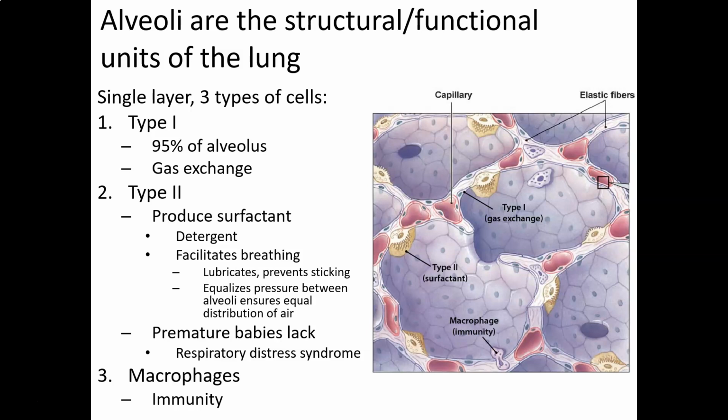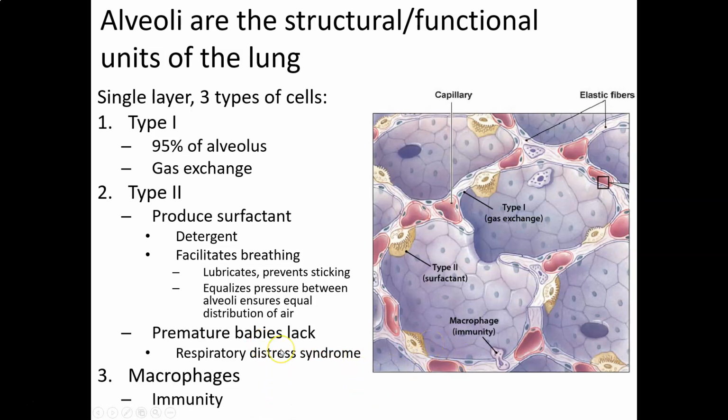And that's called RDS, or respiratory distress syndrome. They use that term a lot, but in terms of premature babies, it's usually because of lack of surfactant. We have artificial surfactant, inhalable surfactant, and things like that. It doesn't work as well, but it does help until we can get babies to develop their own cells that produce surfactant.